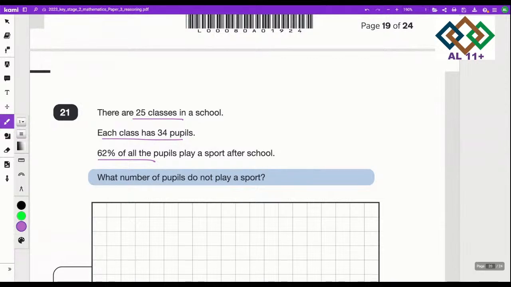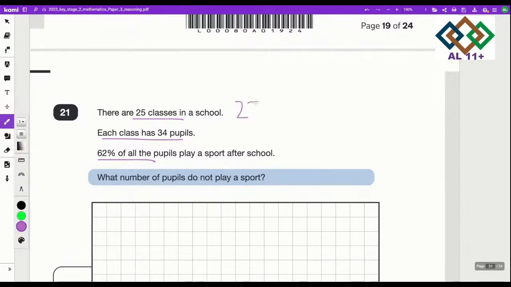So let's see the way you guys have done. Or you could just find, let's find first 62%. To find 62%, you need to find how many are there altogether. So the first thing you would do is multiply 25 by 34.